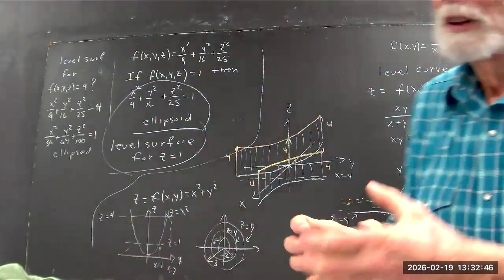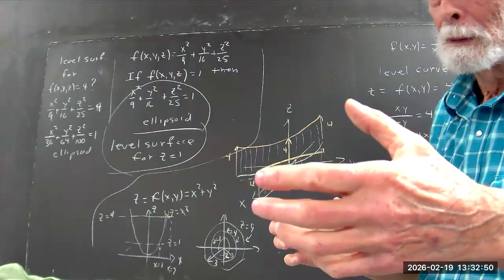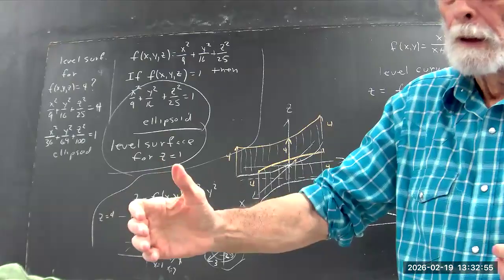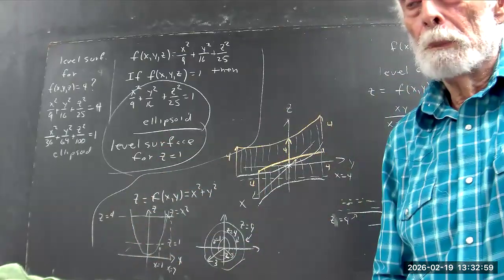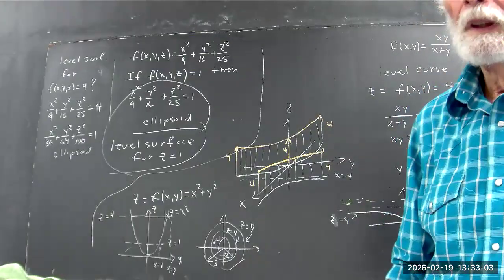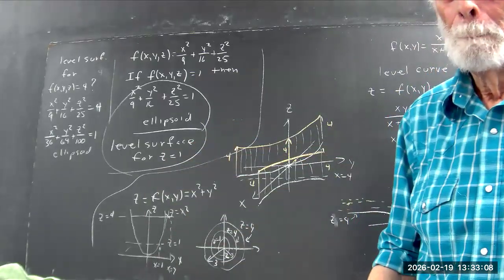So your semi-axes: in the x direction, you stretch it out by a factor of 6. In the y direction, you stretch it out by a factor of 8, square root of 64. And in the z direction by a factor of 10. So it's just an ellipsoid with twice the dimensions of this one. Okay?